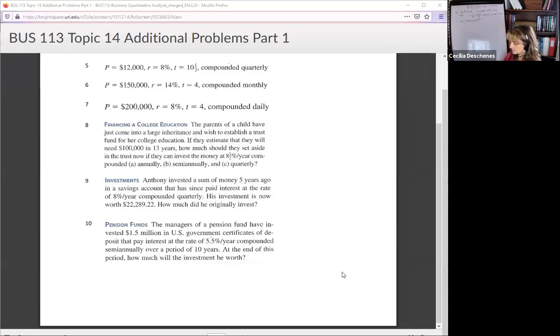All right. So 1.0275, and that whole thing raised to the 20th. And we're going to multiply that by $1.5 million, and we end up with 2.58, and it's okay to keep this at two decimals, million dollars.